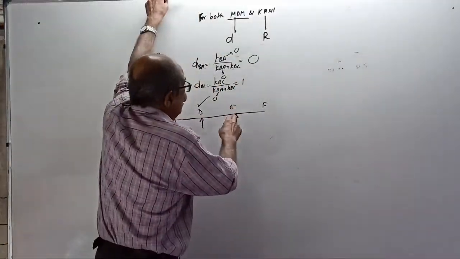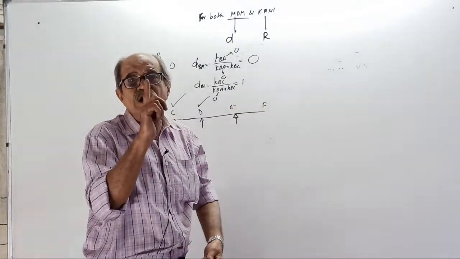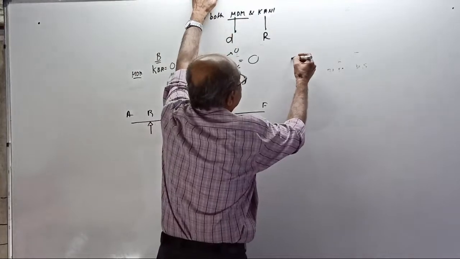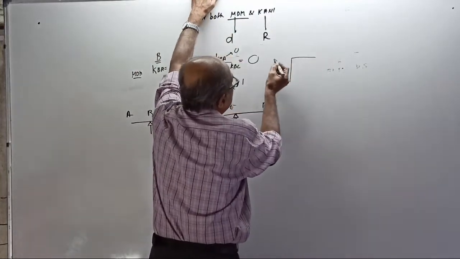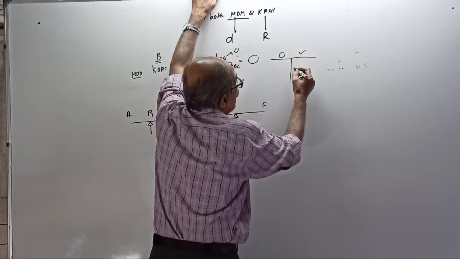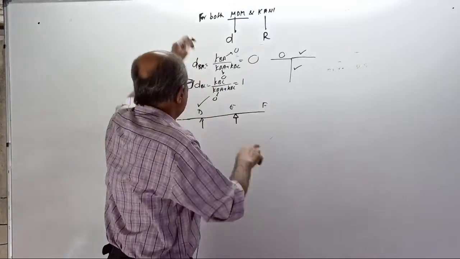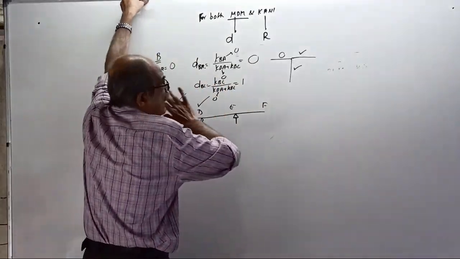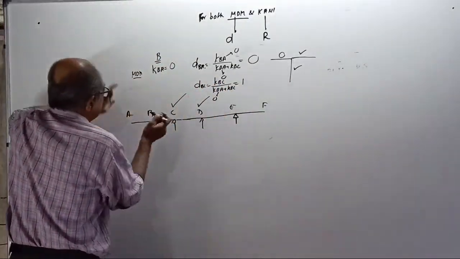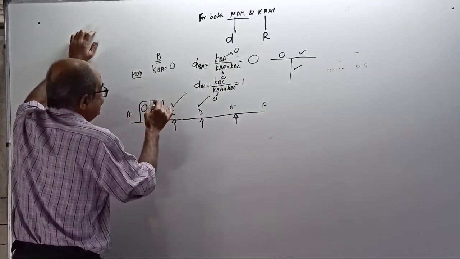But at the support where overhang is there, I told you in case of beams, not frames. In case of frames, no, because even if overhang is there, this will become 0, still 2 more members are there. I told in case of beams, if overhang is there, you don't have to calculate distribution factor. See, overhanging side is 0, inner side is 1.